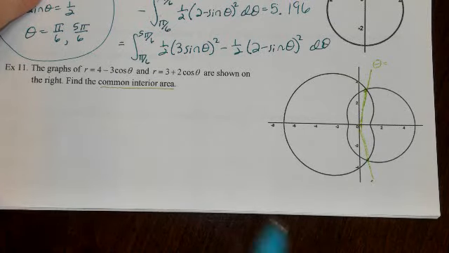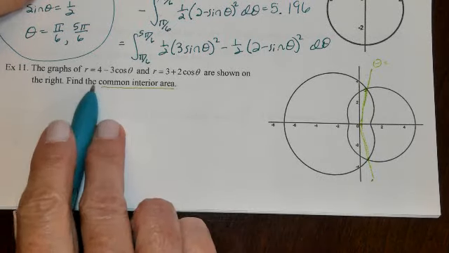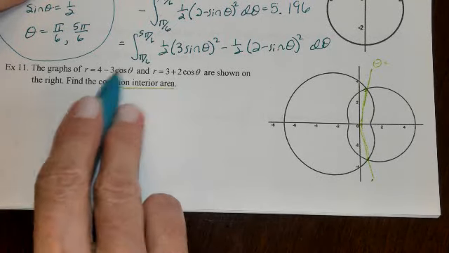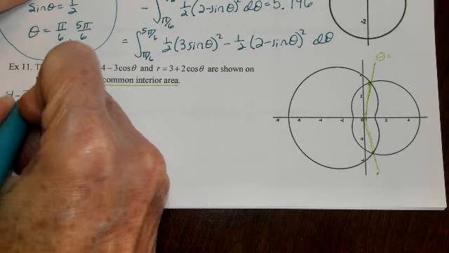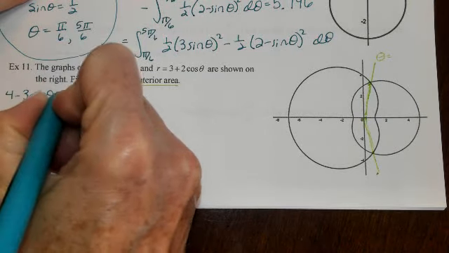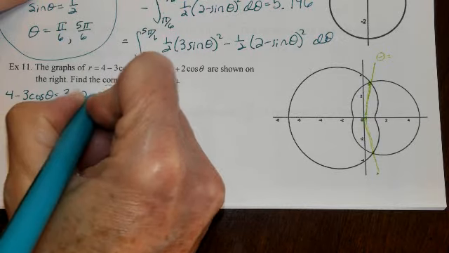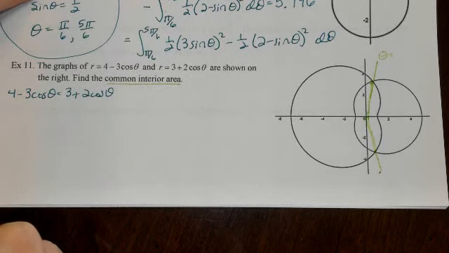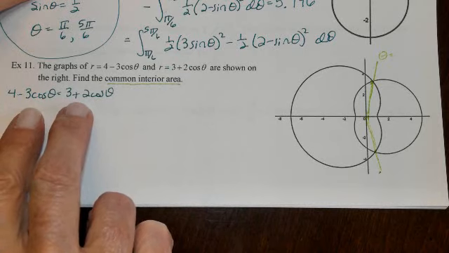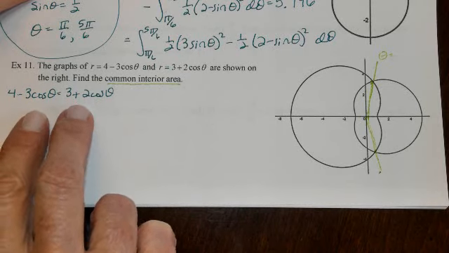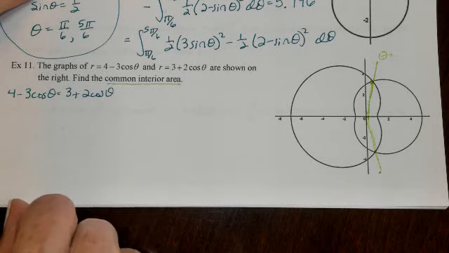So, the intersection theta values. Set the two r's equal, and then solve for theta. Sometimes you might need a calculator to solve for theta, and if you do, that's fine. You'll just get a decimal instead of pi's, and that's okay.